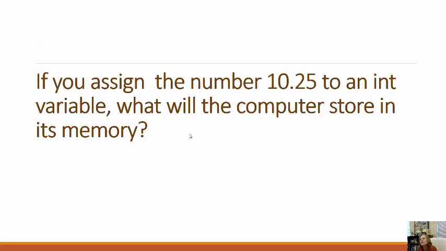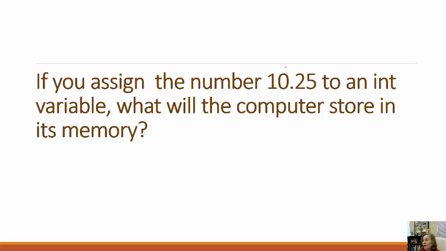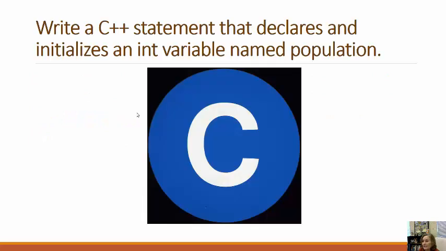If you assign the number 10.25 to an integer variable, what will the computer store in its memory? Now let's look and see. It'll store 10 because the number gets demoted because you have a real number you are trying to put in an integer. So it gets truncated off and you end up with 10.